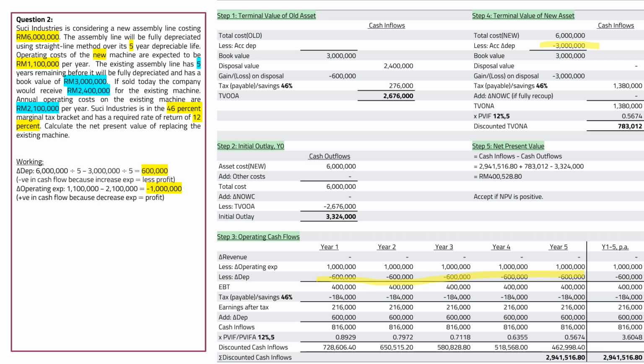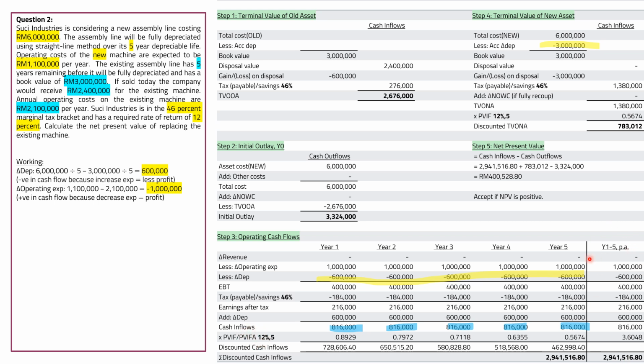The second thing I want to talk about is, if you look over here on the right side, you can see that I've made an alternative table. It is for situations like this example, where you have the same cash flow for every year, 816, 816, 816, 816, 816. You do not actually have to calculate the discounted cash inflows for each year, but instead you can just take the PVIFA table.